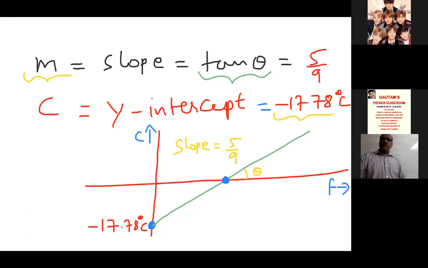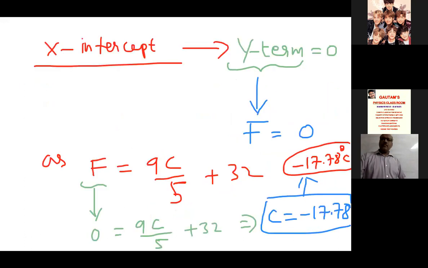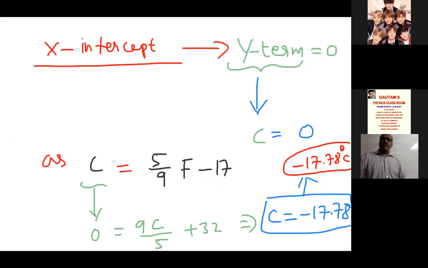Now the question is, what is the x-intercept? Previously, for the x-intercept, I told you the y term is 0. Now we apply the same thing here. The y term is centigrade, not Fahrenheit. My equation has also changed: C is equal to 5 by 9 F minus 17.78.